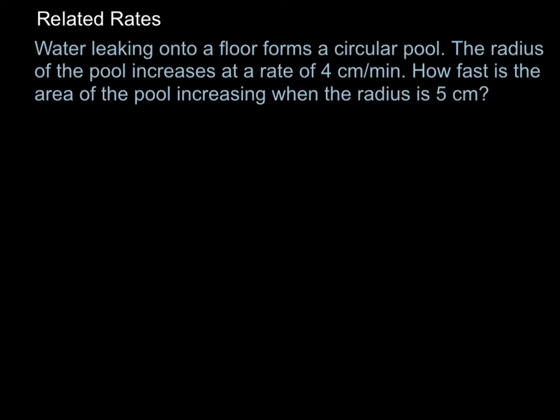So, a helpful thing to do first is to write down what we're given. We're given the rate the radius increases. We're trying to find how fast the area increases, and we know the radius we're dealing with is 5 centimeters.